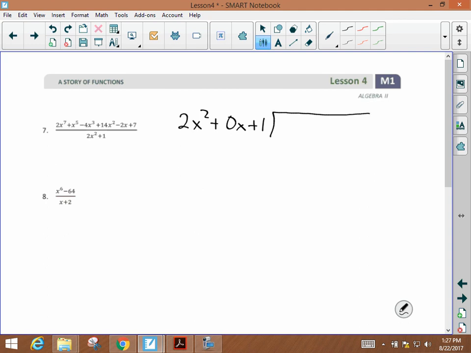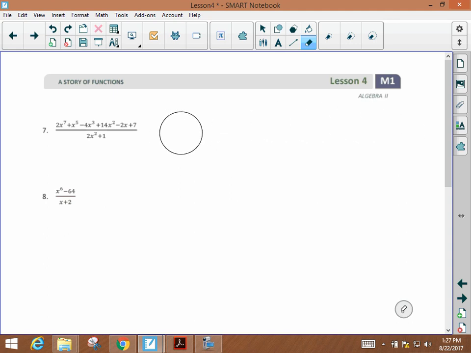That is going to go into 2x to the 7th. It's going to wind up being a little beastly, but you all have it in you. I'm going to need a little more space. So I wind up with this 2x squared plus 0x plus 1.